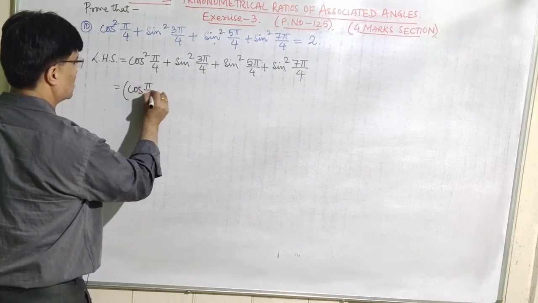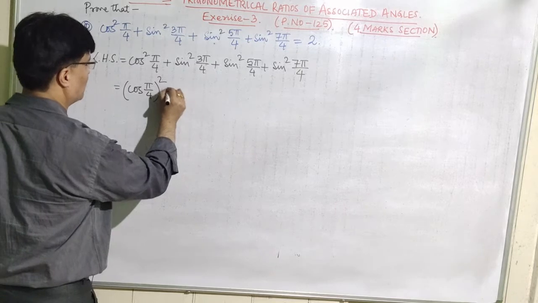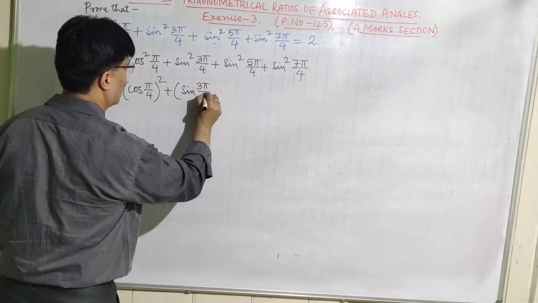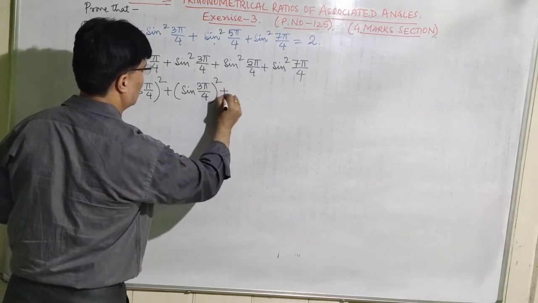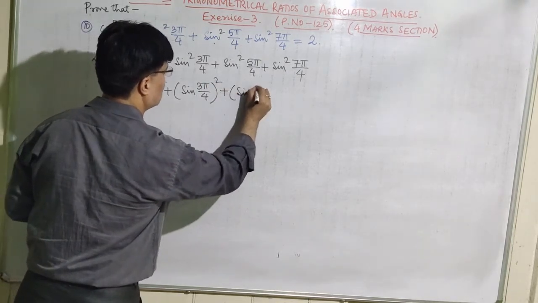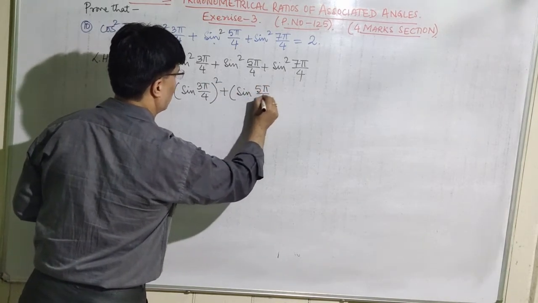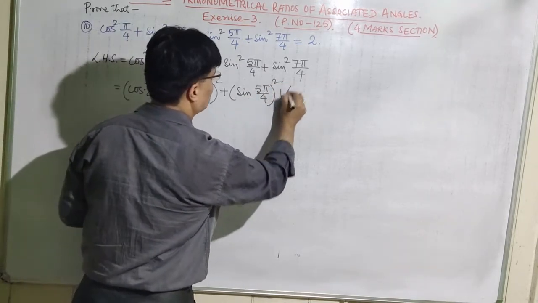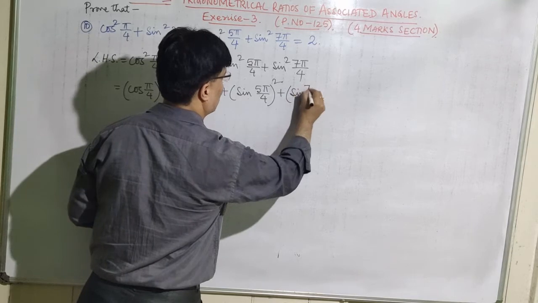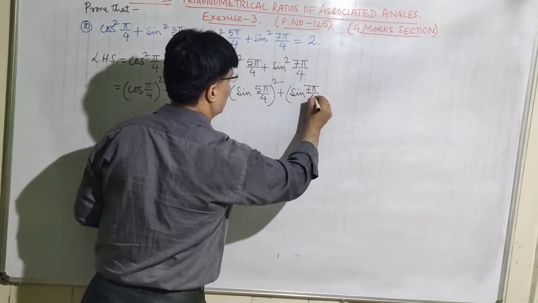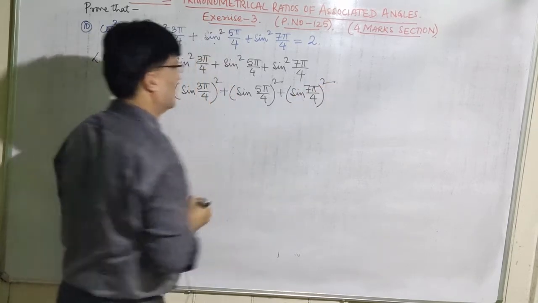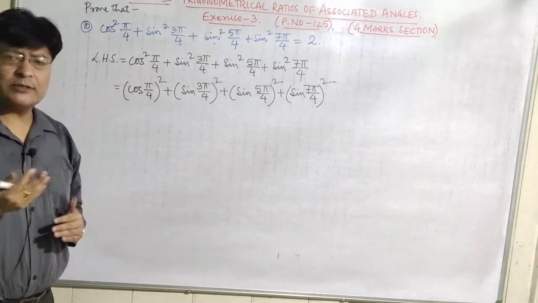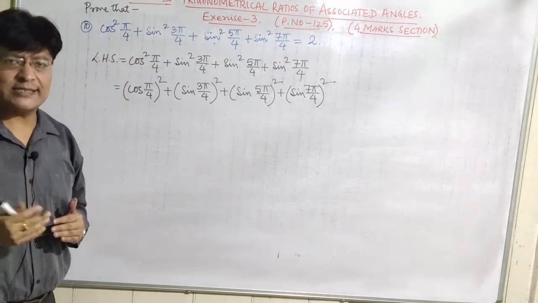So this is cos pi by 4 whole square plus sin 3 pi by 4 whole square plus sin 5 pi by 4 whole square plus sin 7 pi by 4 whole square. Okay. So now let us convert these radians into sexagesimal system.